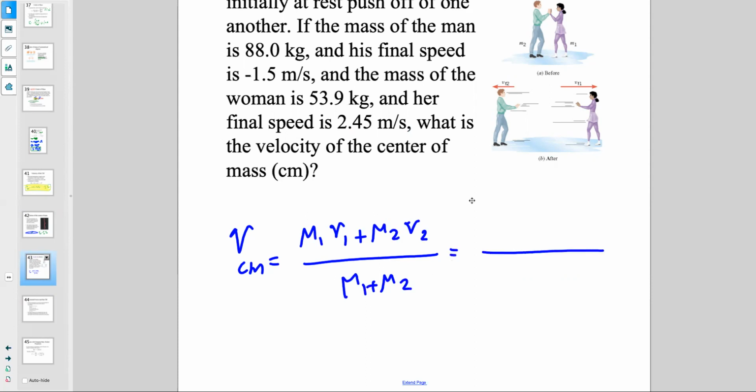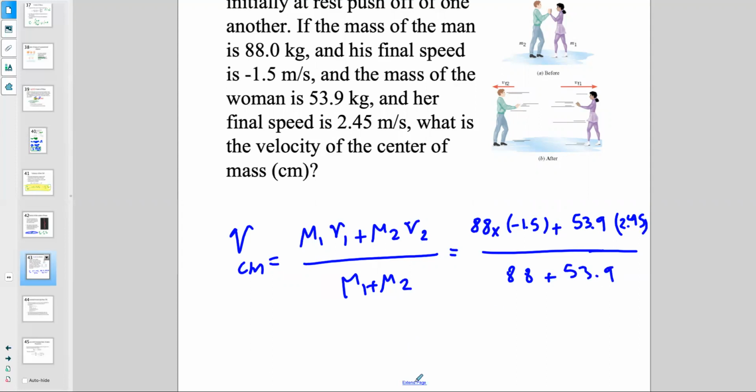So m1 is 88 times v1, which is negative 1.5, plus 53.9 times 2.45 positive, over m1 plus m2. m1 is 88 plus m2 is 53.9.